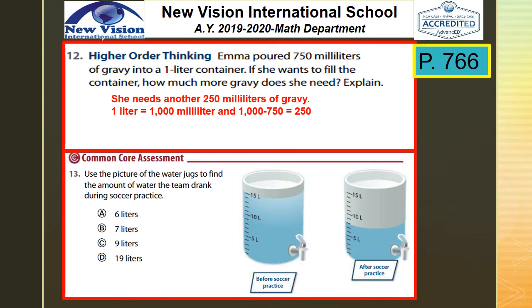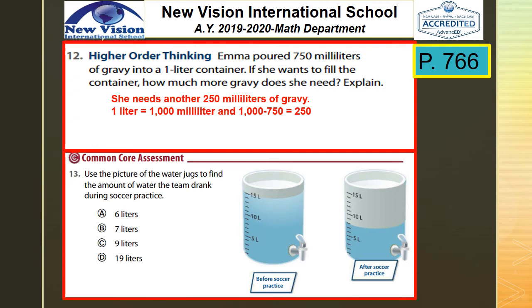Okay, 1 liter is equal to how many mL? It's 1000 milliliters. And 1000 minus 750 is equal to 250. Very good.